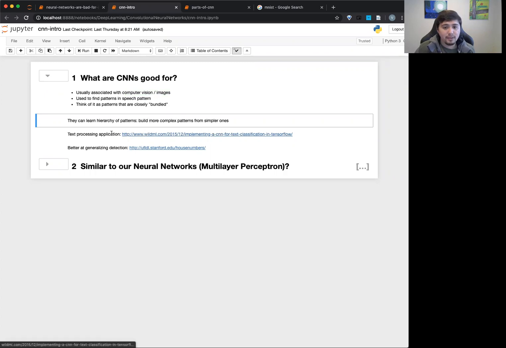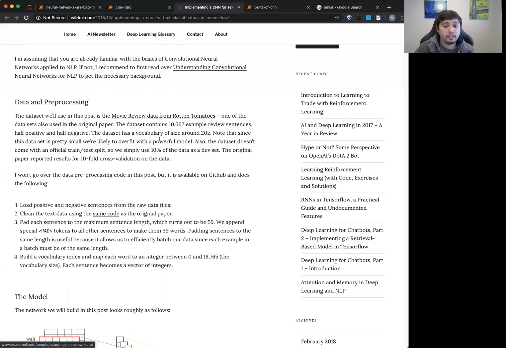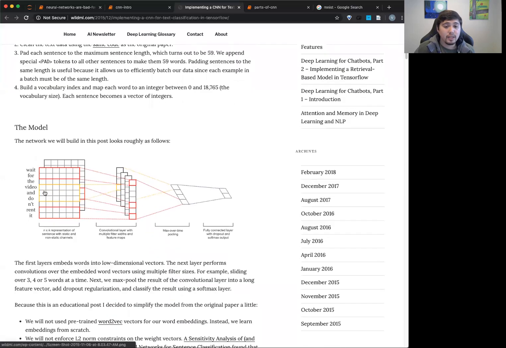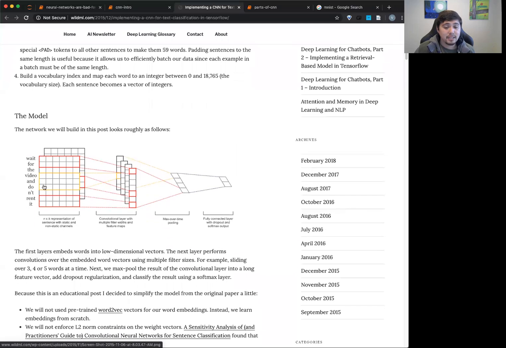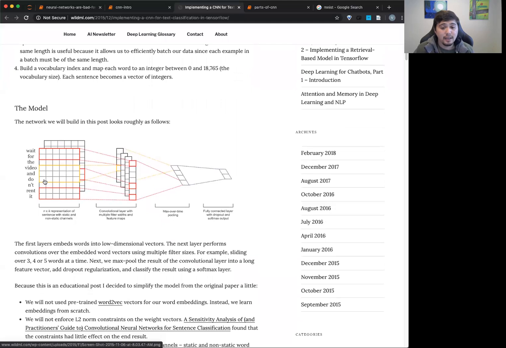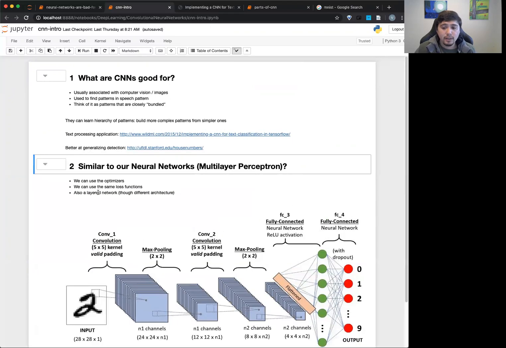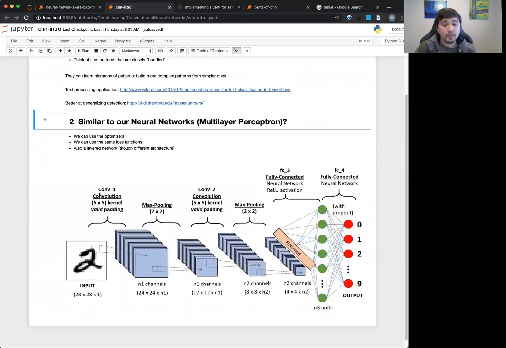For example, you can see here is text processing, which is more NLP, and they use convolutional neural nets, using convolutions on the sentence to see what's nearby. It's an interesting idea. But anyway, back here. We're going to focus mostly on images, but just know we can generalize past that point. Okay, so this is what a convolutional neural network is.